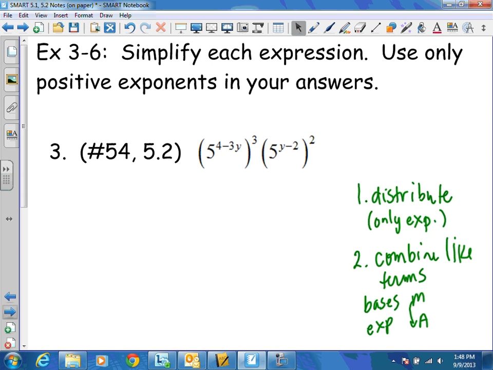I have confidence in you. That's right. You just multiply them together?